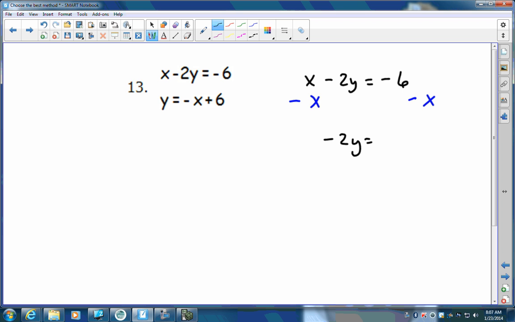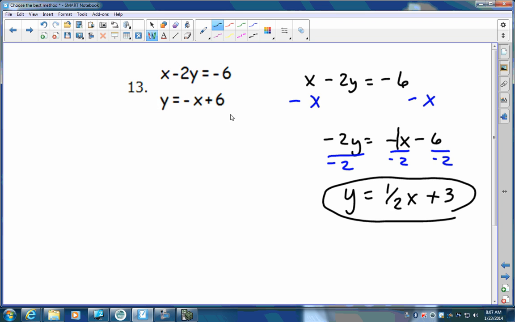Negative 2y equals negative x minus 6. Divide by negative 2. Y equals, this is where people mess up. What number's right here by the x? A 1. That's 1/2. You get 1/2 x plus 3.